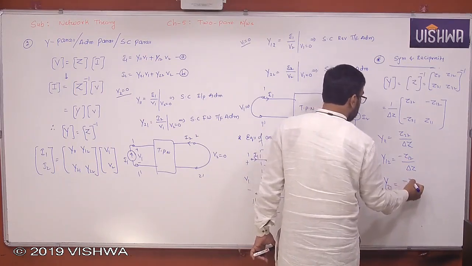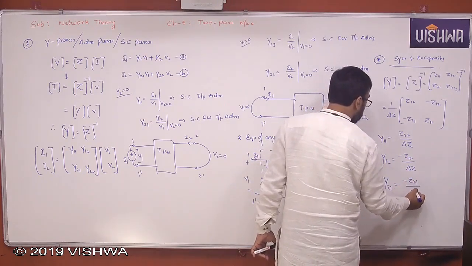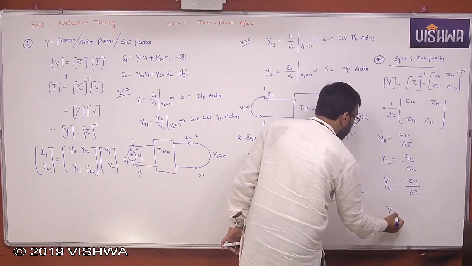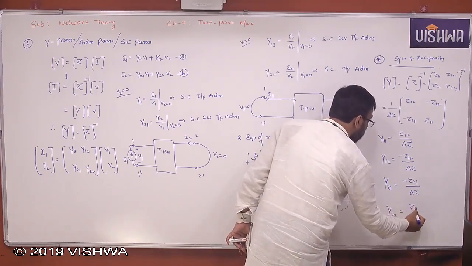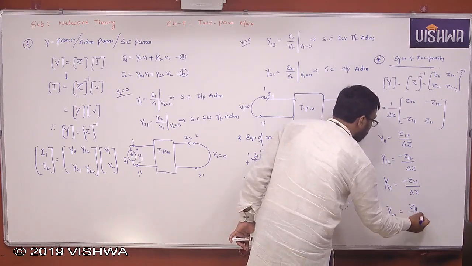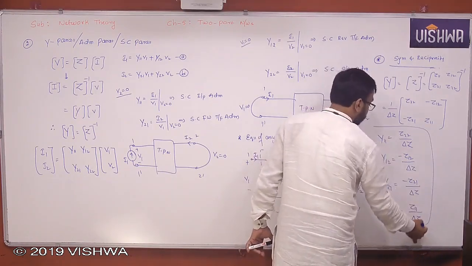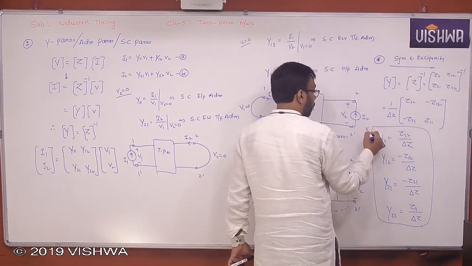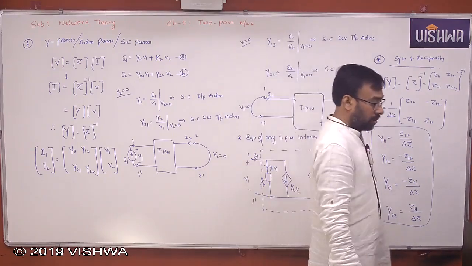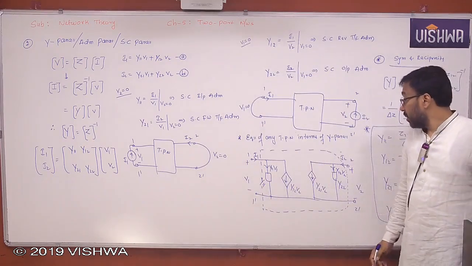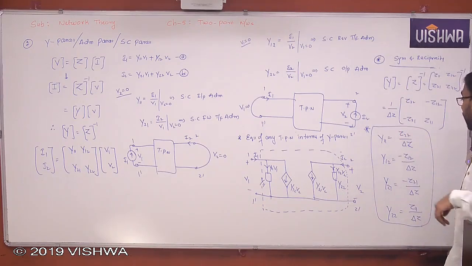Y21 is equal to minus Z21 by del Z. Y22 is equal to Z11 by del Z. Okay. So this is how you express Y parameters in terms of Z parameters.